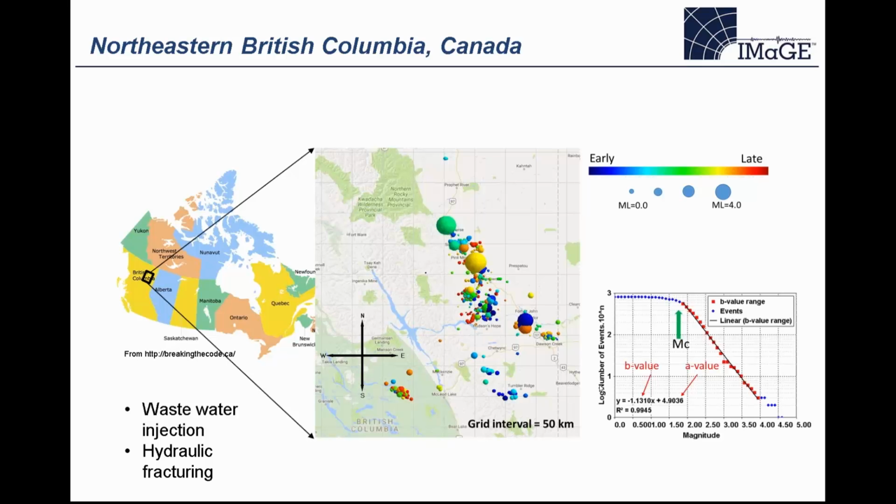If you believe that it follows a Gutenberg-Richter relationship, then I can plot the number of events as a function of magnitude, and I can estimate the slope. The slope gives me a b-value around 1.1, and you see the turning point here, like a turning corner.